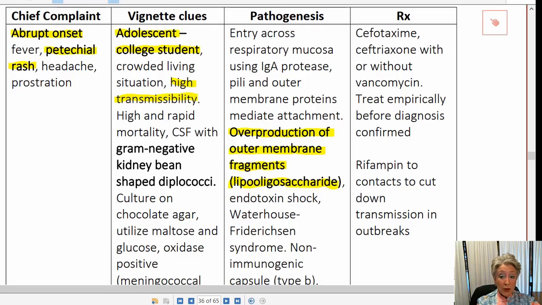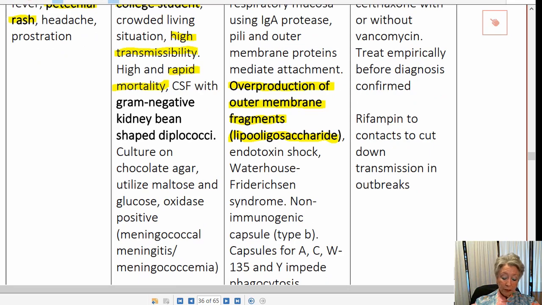Because of the overproduction of outer membrane fragments, I have very rapid mortality in this case. So you'll notice when we speak about therapy, I'm going to recommend that we treat empirically when we have a suspicion, because any delay in empiric therapy is going to result in many more deaths. So this is a medical emergency.